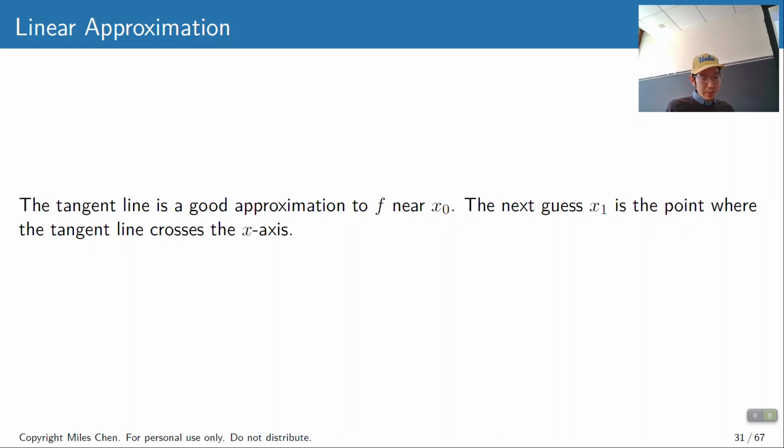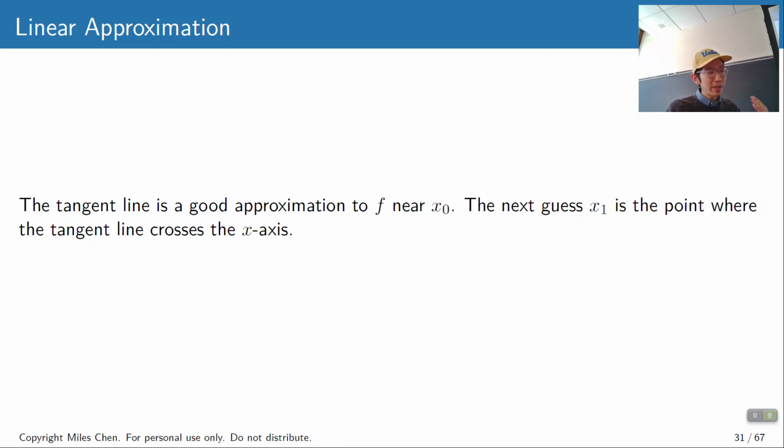So the way we're going to do it is, we have some function f and some kind of tangent line. We follow that tangent line down to where it crosses the x-axis, and then we use that location as the location for our next iteration.